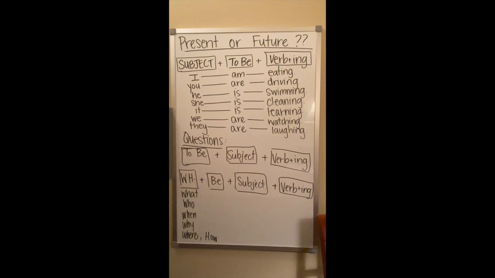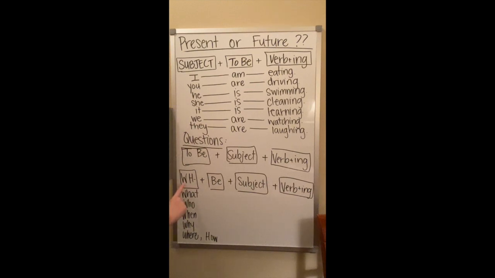Then there is another type of question that you can ask, and that is a WH question. That is a what, a who, a when, why, where, or how. These are our WH questions. This is not a yes or no question, but it's very similar in form. You're going to start with are or is. We're going to switch these two, and then your subject.